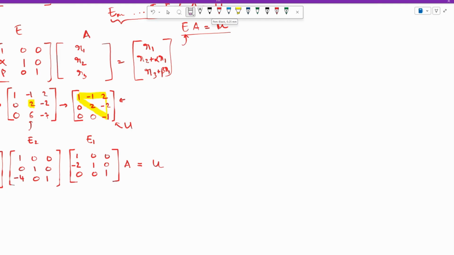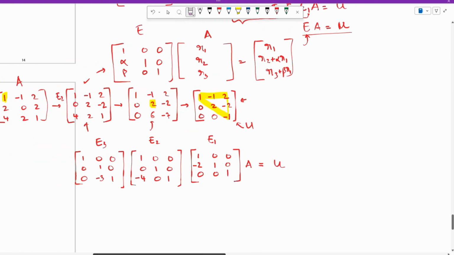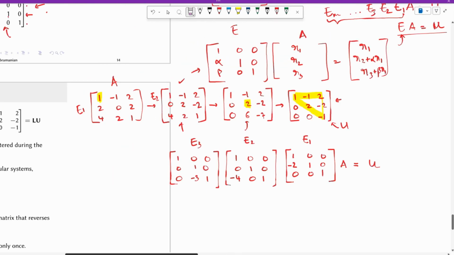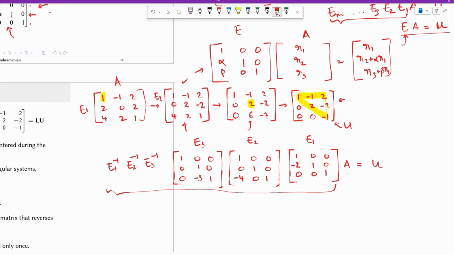All the elementary matrices are invertible. E3 is invertible, E4, E2, E2, all of them are invertible. If they are invertible, and if, to the left hand side, I multiply E3 inverse followed by E2 inverse followed by E1 inverse, this whole thing will disappear, leaving just A, right?